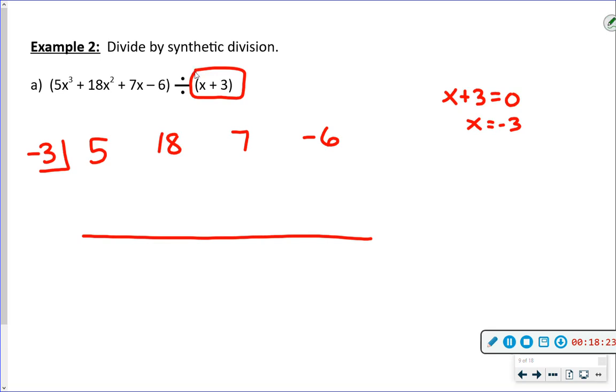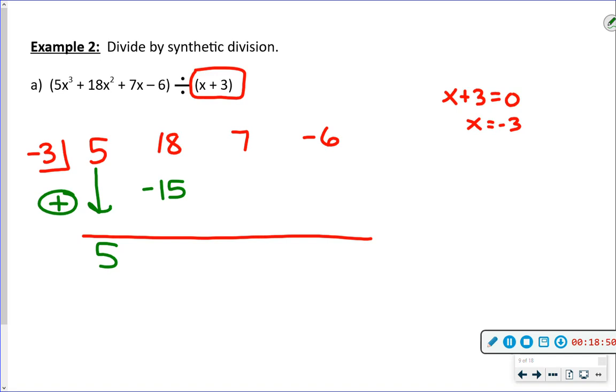Okay, first term, the 5, just drop straight down. Anything I write below the line, I multiply with the divisor. So I'm going to do negative 3 times 5, negative 15. That goes in my next open slot. Now, long division we subtract, synthetic you add.